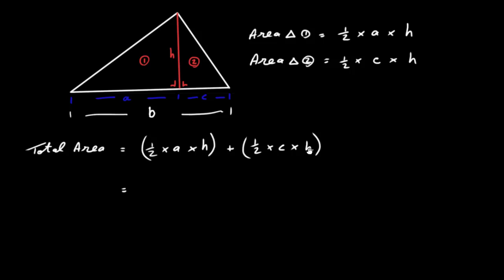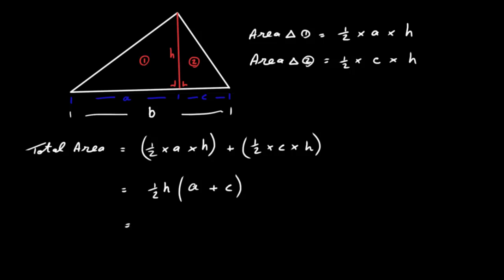So what I'm going to do is factorize out the half H, and what I'm left with then is just A plus C. So this is just a distributive property, if you like, multiplication over addition.